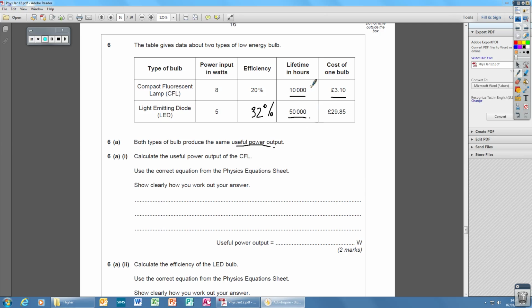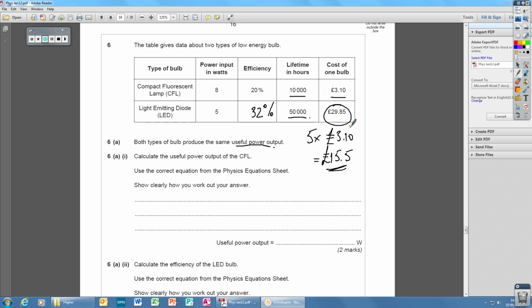So you'd need 5 CFLs for every LED. So how much would that be in cost? So 5 times £3.10 equals, let me just calculate that, gives me £15.50.